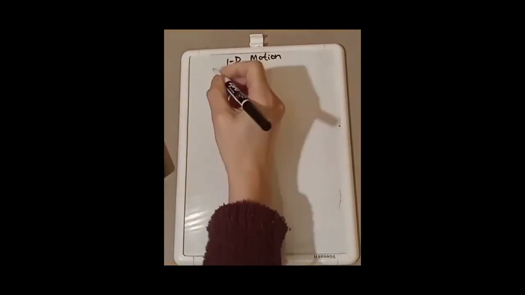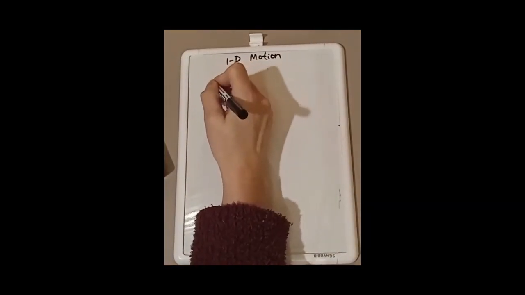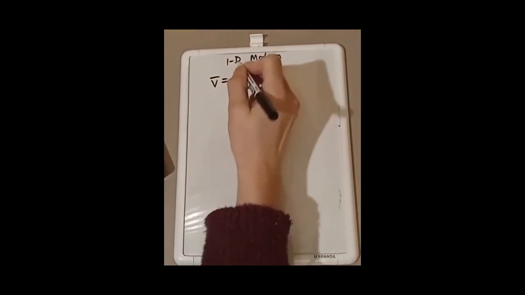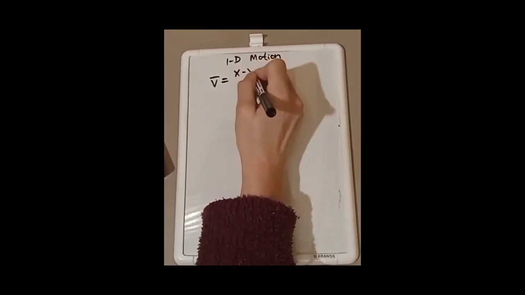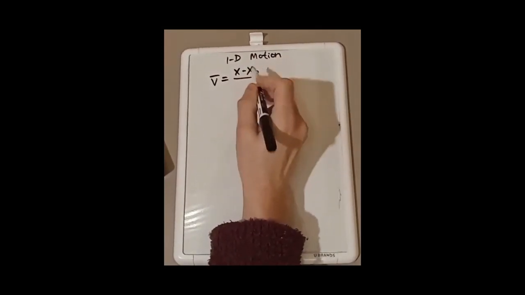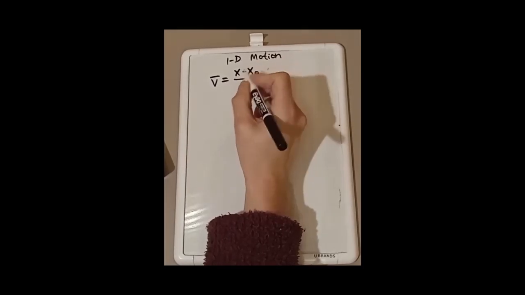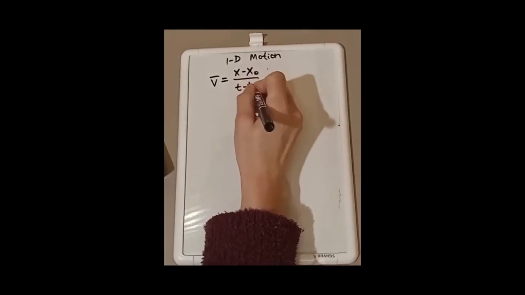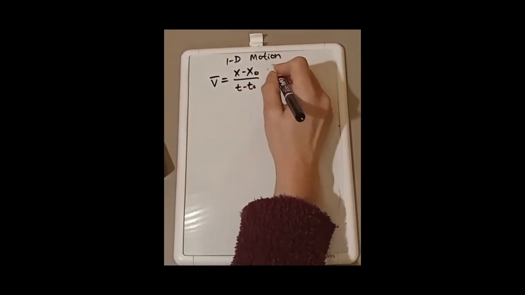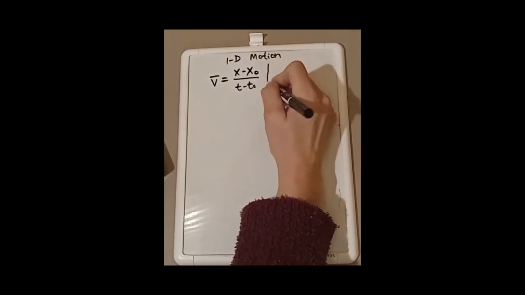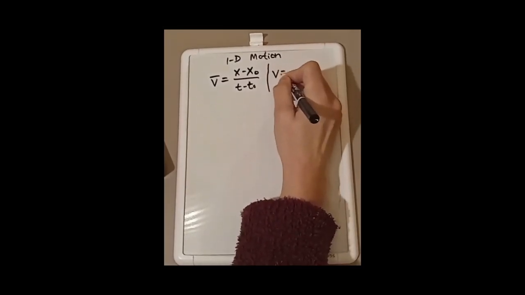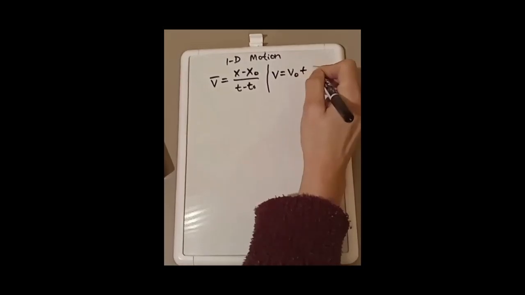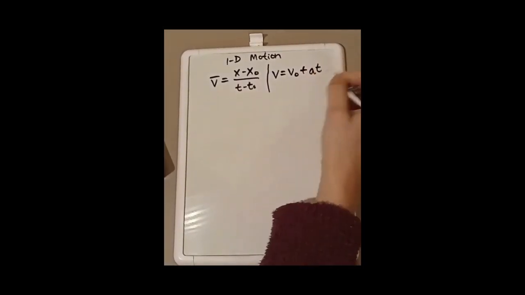So we're going to start with our average velocity as x minus x naught divided by t minus t naught, and v equals v naught plus at, and that's what I called equation 1.